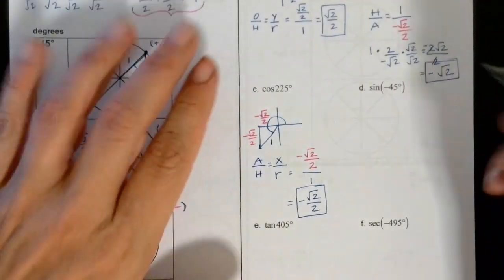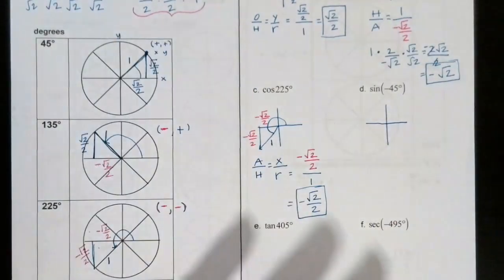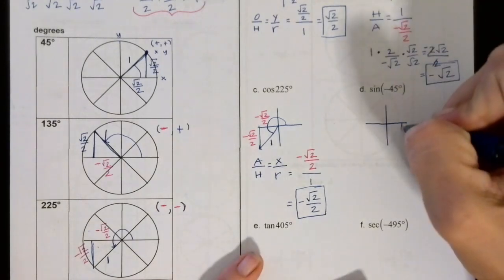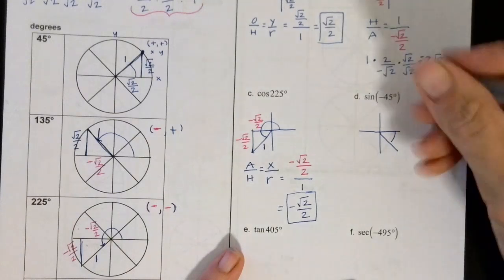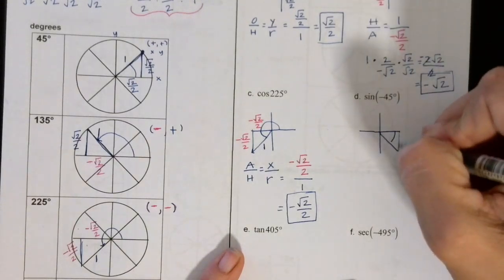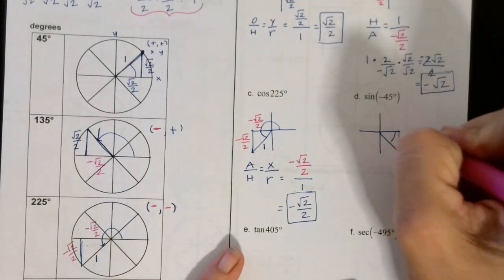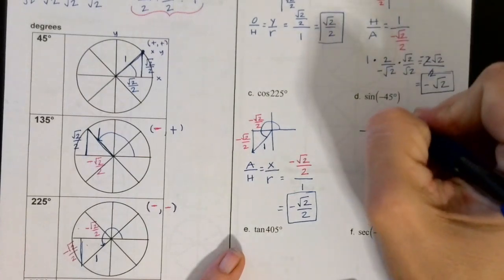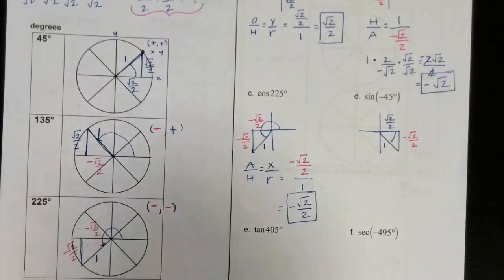Alright, next one, sine of negative 45 degrees. The only thing different is when we graph the angle, we go down instead of up. So I'm going to go down this way, bisect that angle, then I'm going to go ahead and drop it down, label with appropriate signs, negative root 2 over 2 because it's down. This one's to the right, so it's positive. Hypotenuse is always positive.